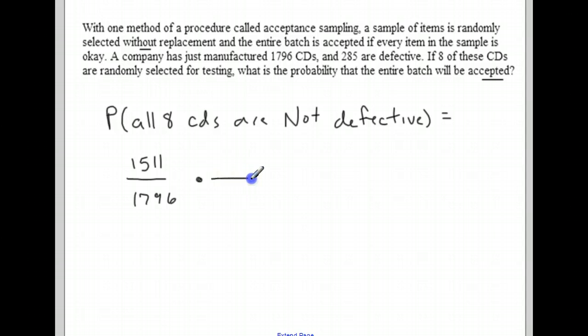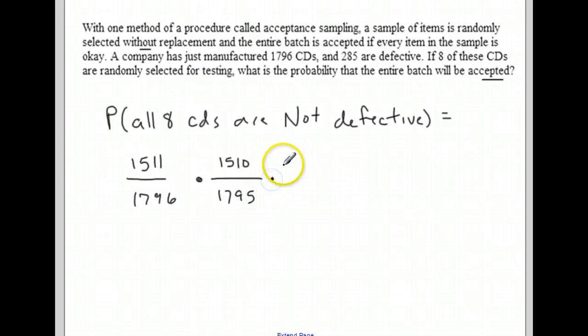That's the probability of getting one on the first try that's okay. Times, for the second try, this is going to have to go down. So we pulled one out, so it's 1510 that are not defective, and there's 1795 remaining.